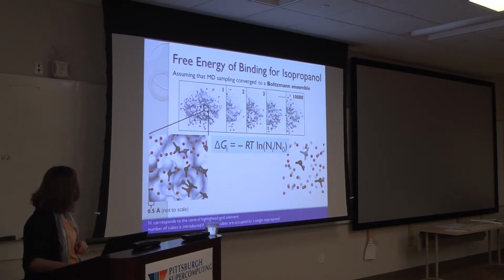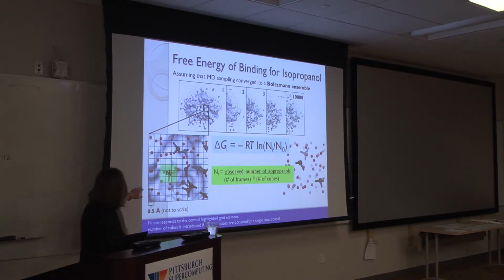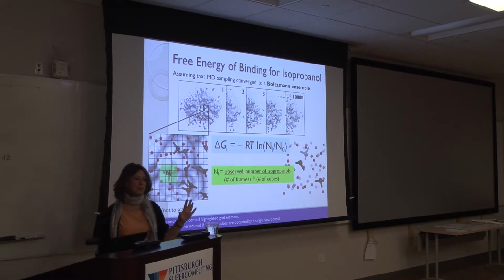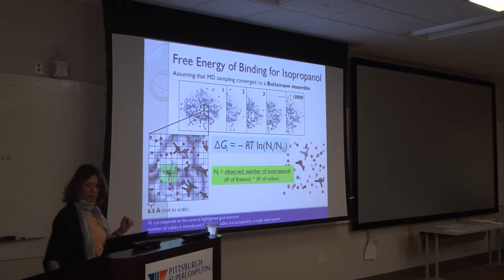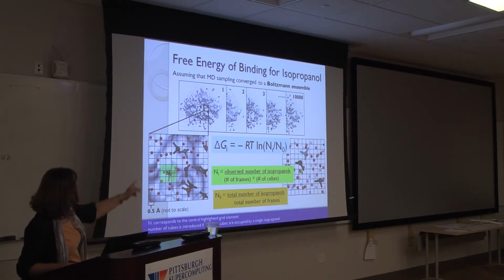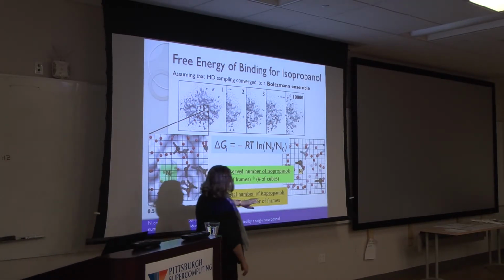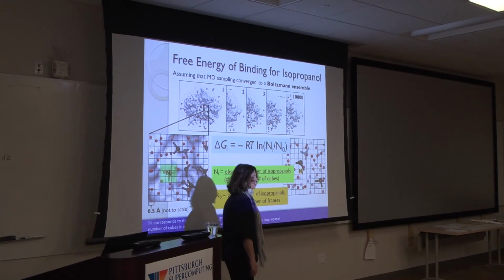Suppose now you divide this region into grids, okay? And in the grids, you try to see how many times within a given region you observe this isopropanol molecule. And you would like to normalize it with respect to a random distribution away from your probe molecule.